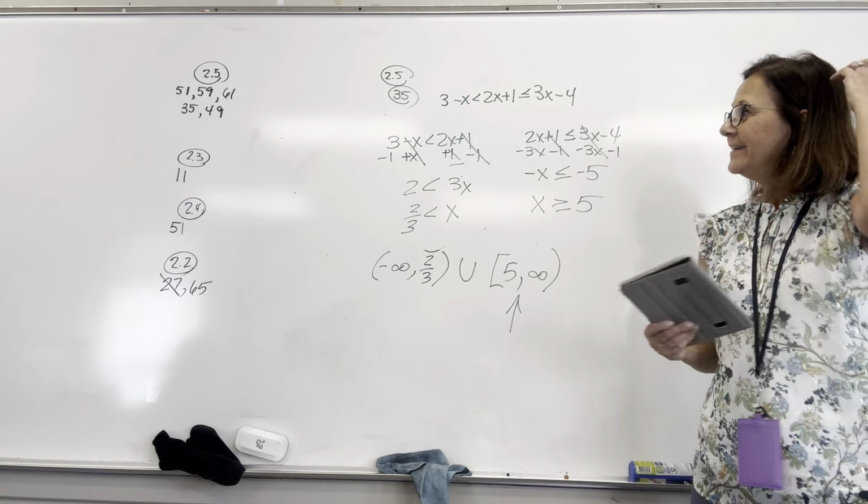Okay, 49 says solve the inequality, find exact solutions when you can. Let's see, 49, so it's on that same page. X cubed minus 2x squared minus 3x less than 0.